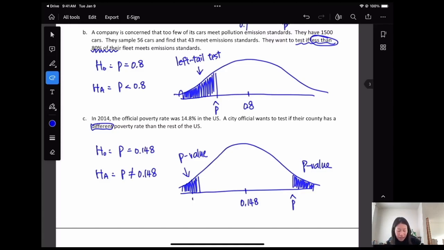That means the area on the left side is equal to the area on the right side. So the total p-value should be multiplied by 2, since they are equal. This is also called a two-tailed test.